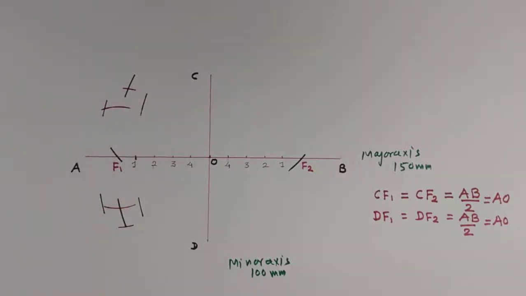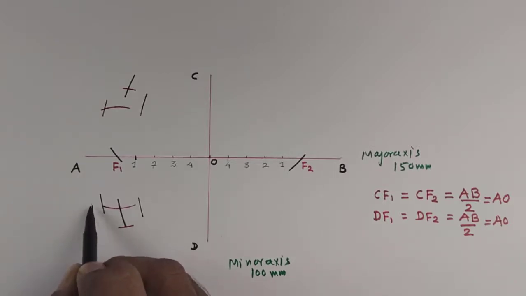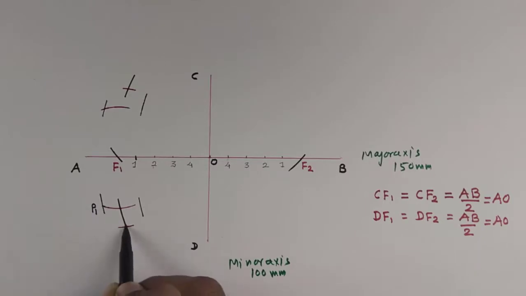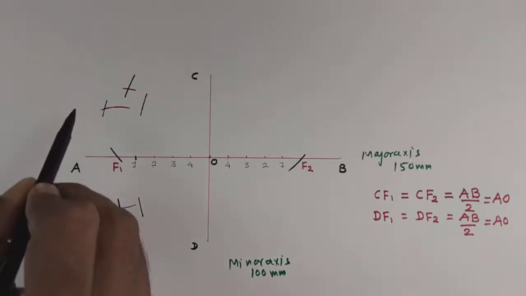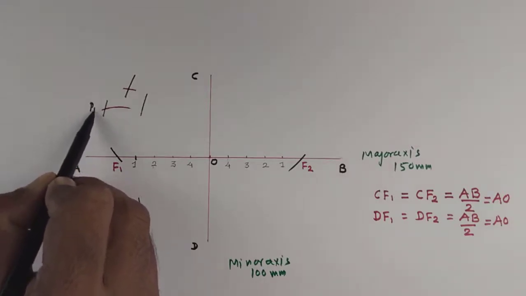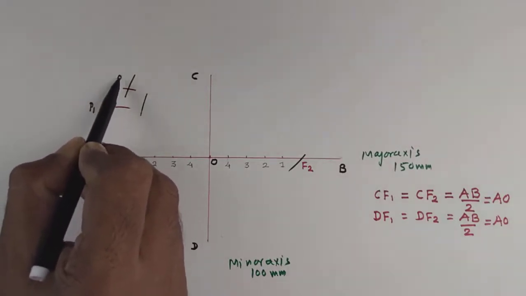The intersection arc, it is your P1, here it is your P2. Similarly, the top points P1 and P2.